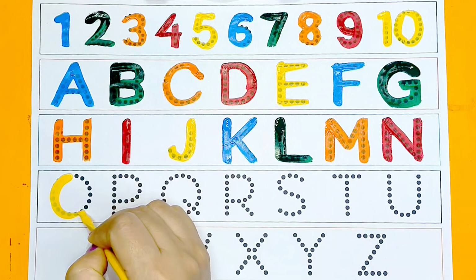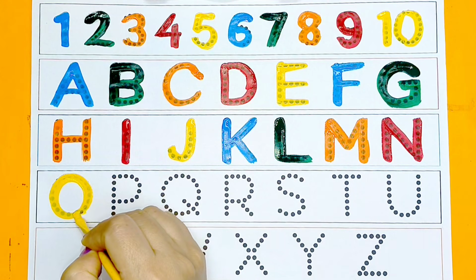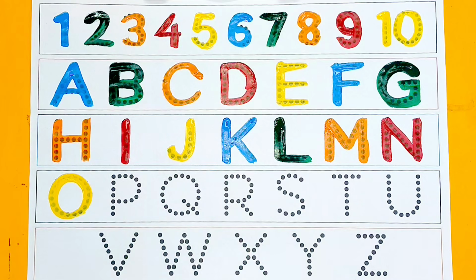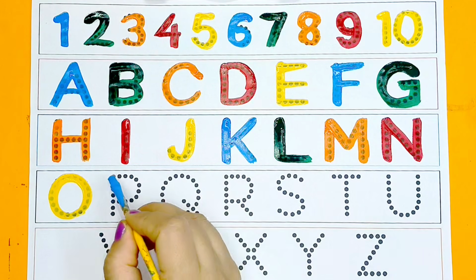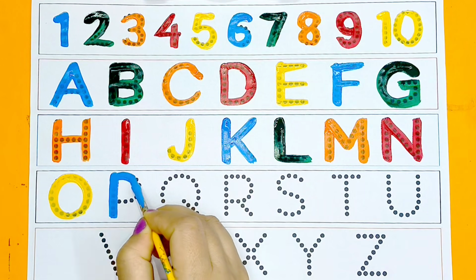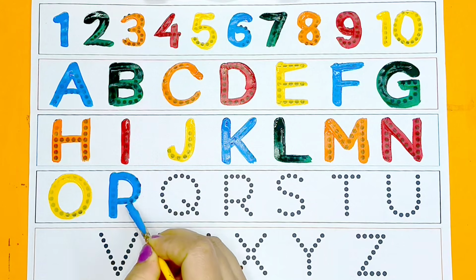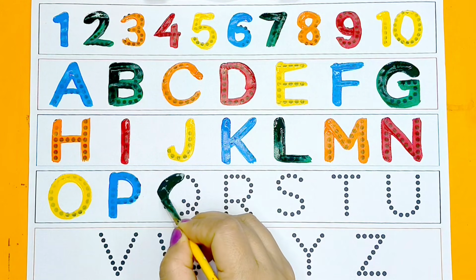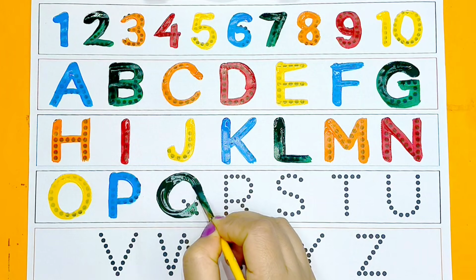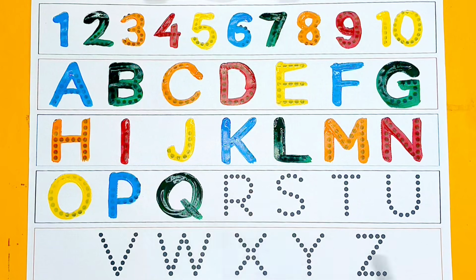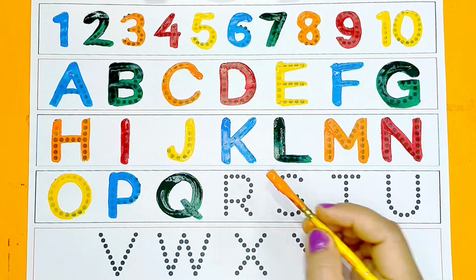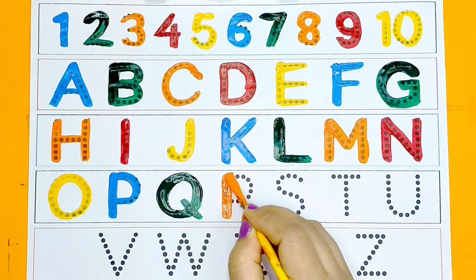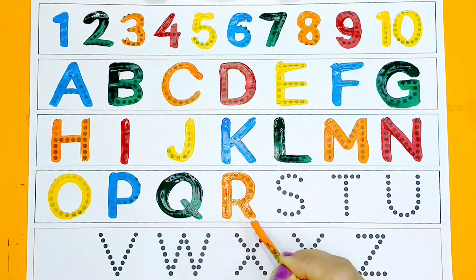O. O for onion. P. P for panda. Q. Q for quilt. R. R for rabbit.